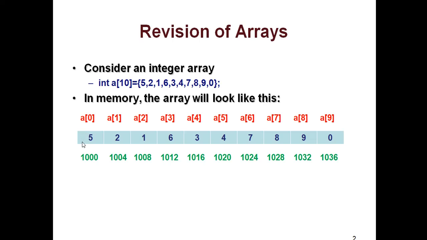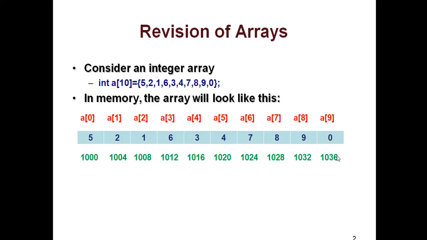So if the first element of the array is, say, at location 1000, the second element, a of 1, will be at location 1004, because the size of an int is 4 bytes. Similarly, a of 2 will be at an interval of 4 bytes, that is at location 1008. So this will keep on continuing for the entire elements of the array.